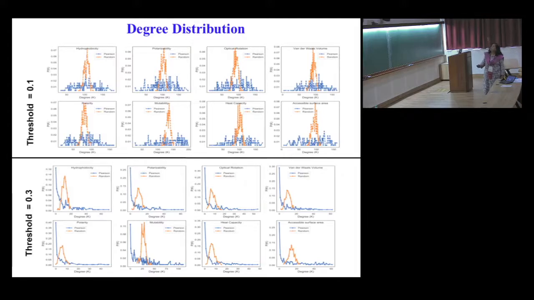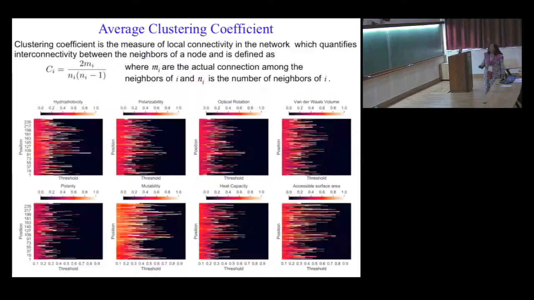The brown is the random network. And this is the average clustering coefficient with threshold. This is the position and this is the threshold, and the color is given here. The property is the color code.